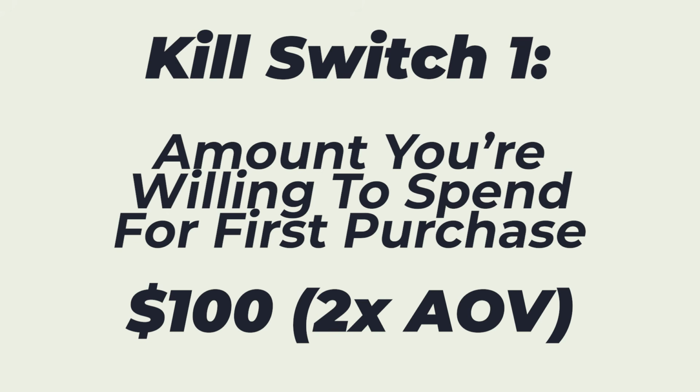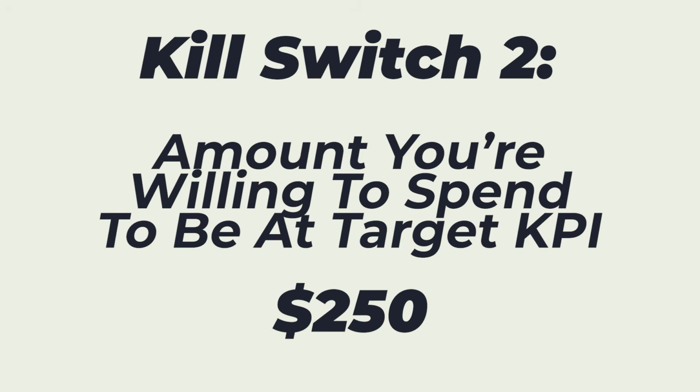And my level 2 kill switch might be $250, meaning I'm willing to spend $100 to get that first purchase, assuming Facebook would use that data to then get the next purchase much faster. But by $250, I would want that ad to be within my target KPI range.